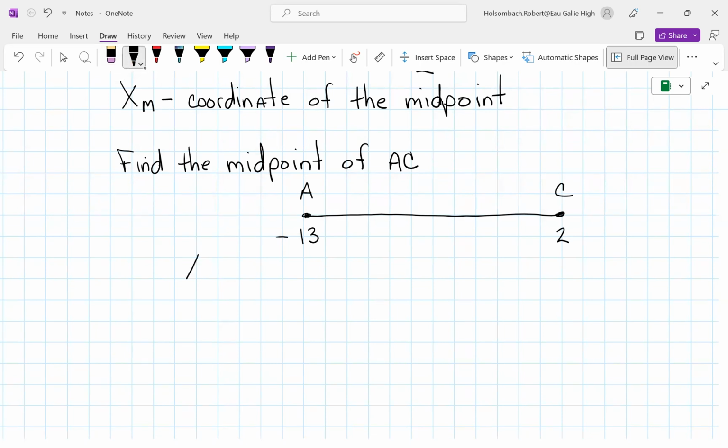Let's say our x sub m is equal to, we take the two coordinates of the endpoints, we add them together. So negative 13 plus 2, and then we divide it by 2.